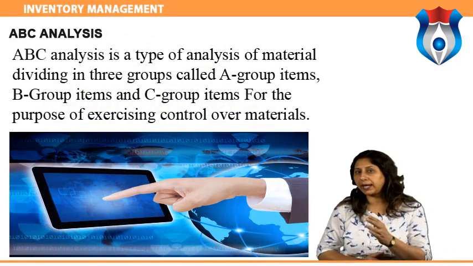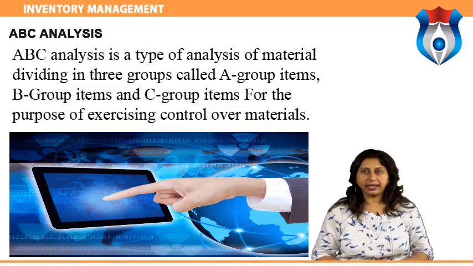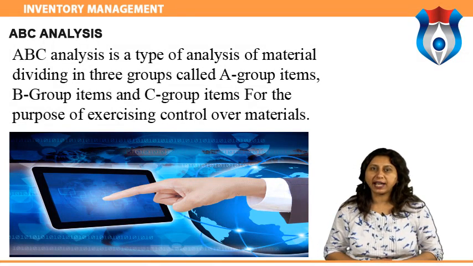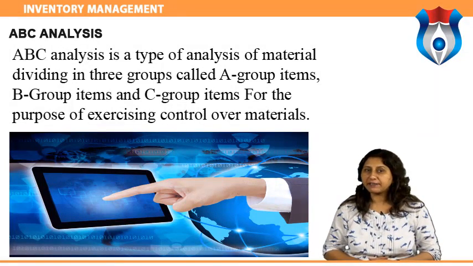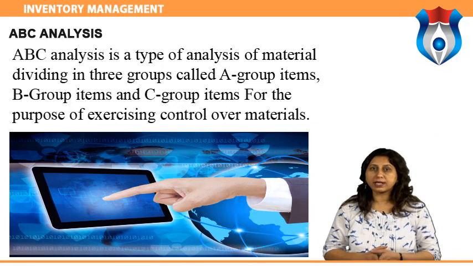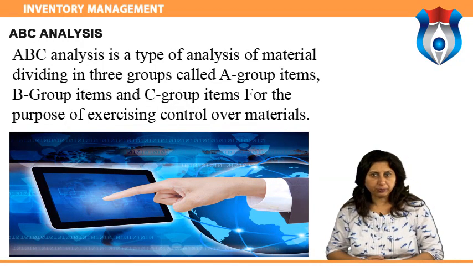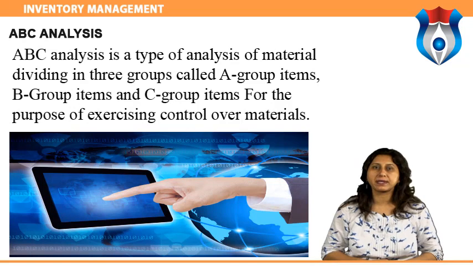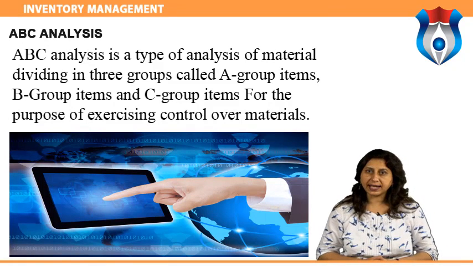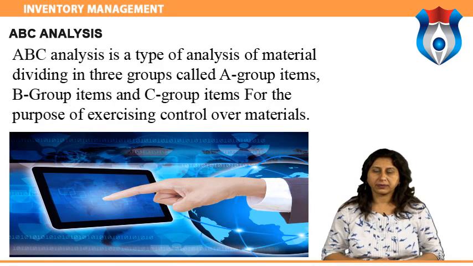Let's talk about ABC analysis. ABC analysis is a type of analysis of material dividing it into three groups called A group items, B group items, and C group items, for the purpose of exercising control over materials.